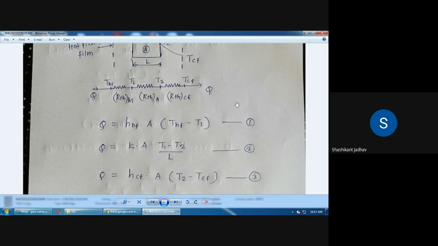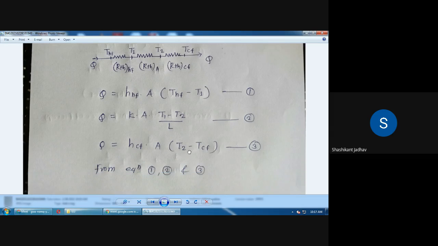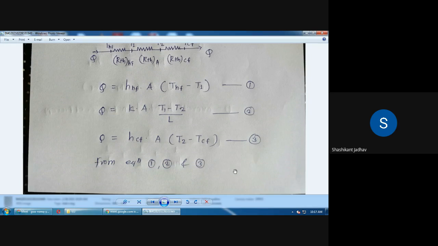Okay. Then write down next, from equations 1, 2 and 3. आता आपल्याला काय करायचं आहे, we have to write down the equations for the temperature difference.